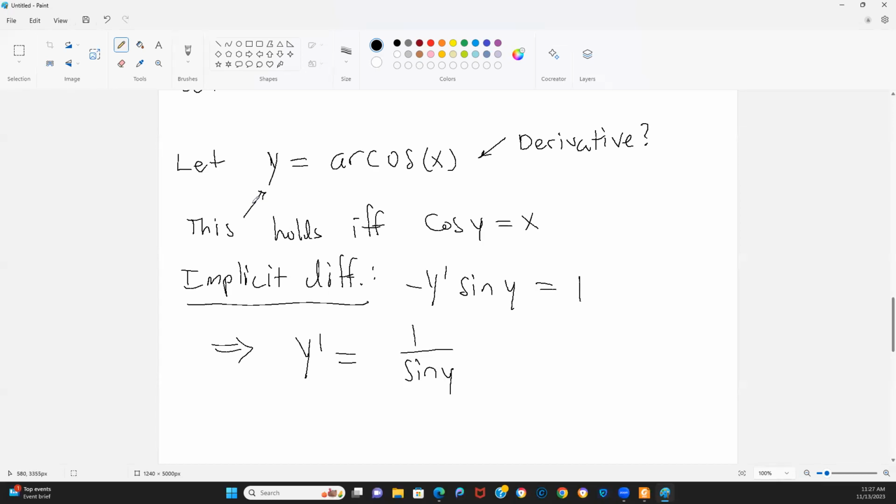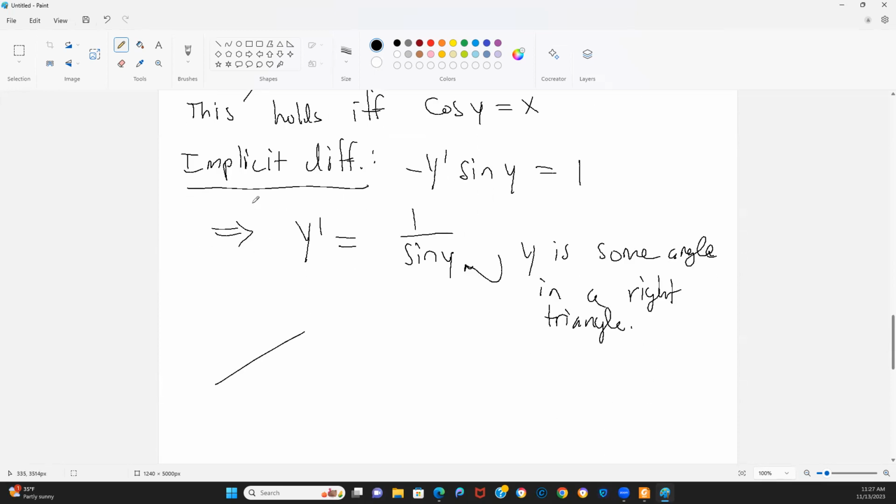So we're not quite done, because we have y prime, and then we have y on the other side. We want it in terms of x. But this y is some angle in a right triangle. So let's draw a right triangle. This is angle y, this is 90 degrees. The cosine of the angle is equal to x, which is the same as x over 1.